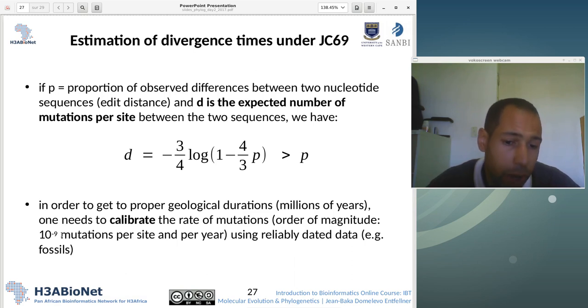So if you have this rate, then you can transform your measurements that are in terms of expected mutations per site into geological times. Let's have a break before the final slides.